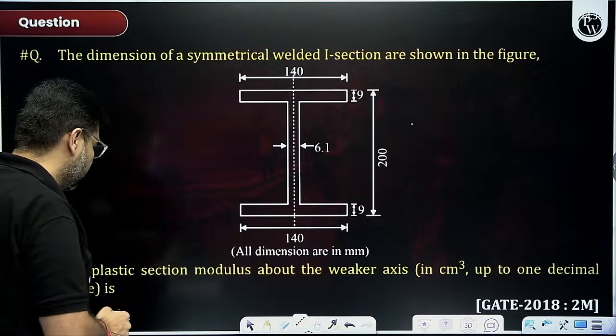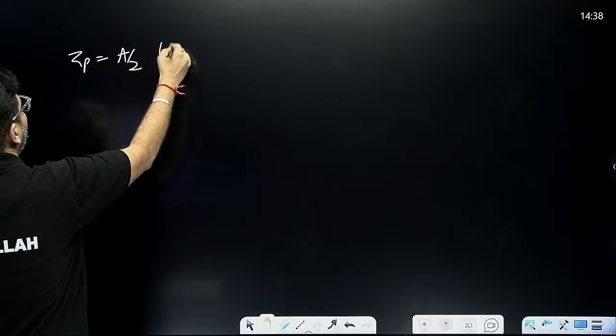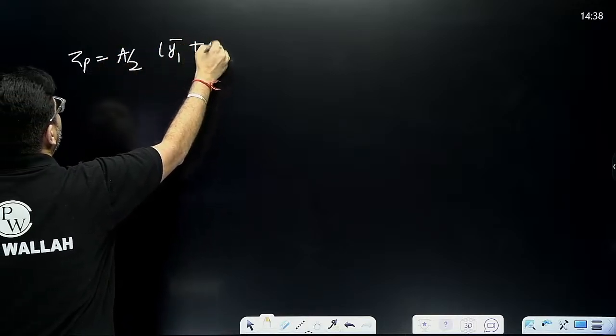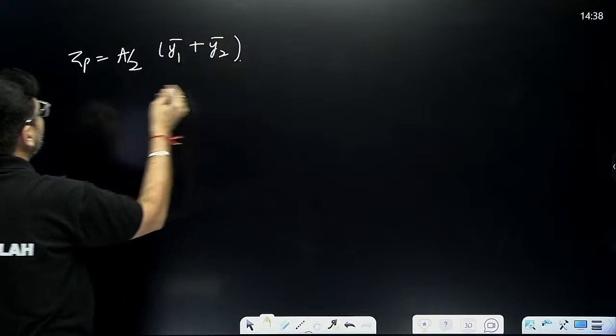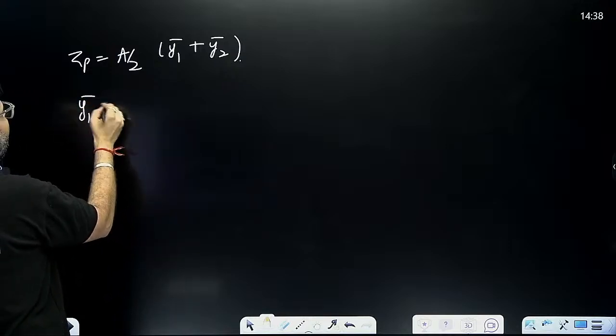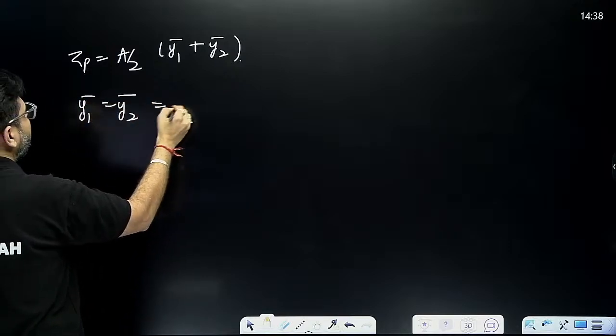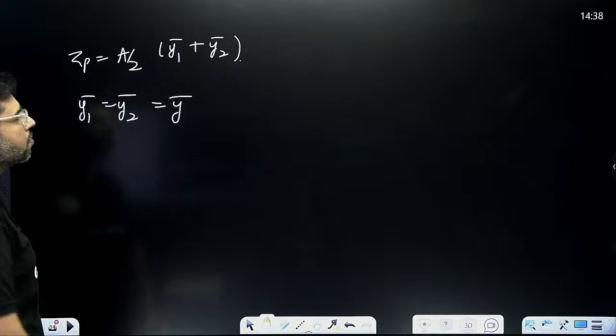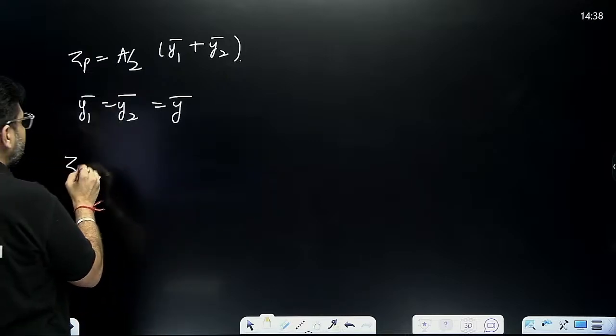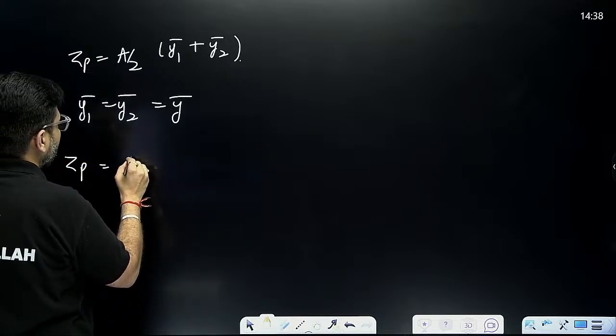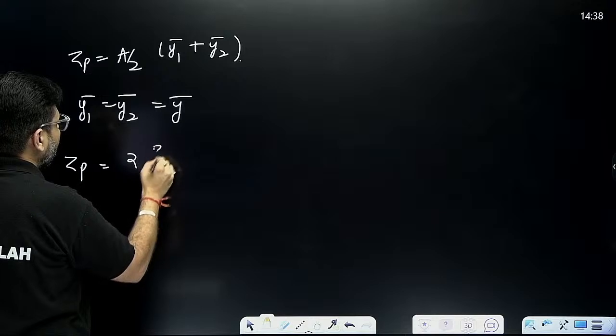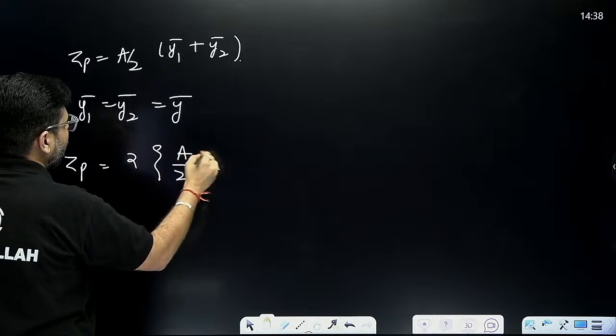ZP is equal to A by 2 into Y1 bar plus Y2 bar. Here Y1 bar will be equal to Y2 bar. Let me call it Y bar. Therefore ZP is equal to 2 into A by 2 into Y bar.